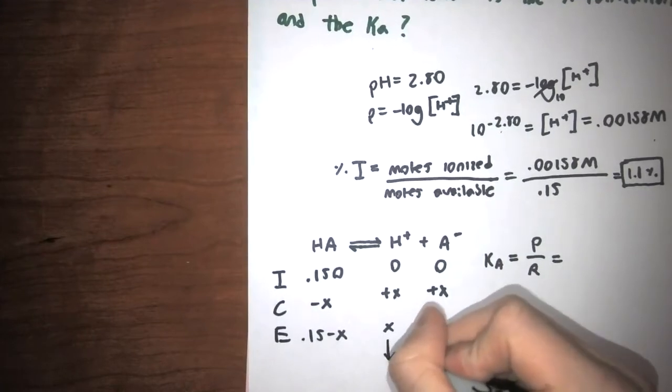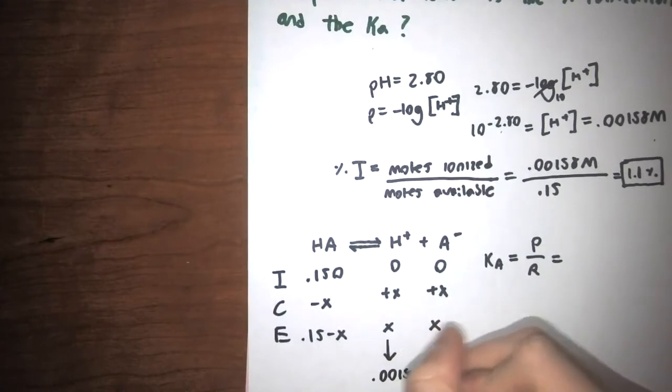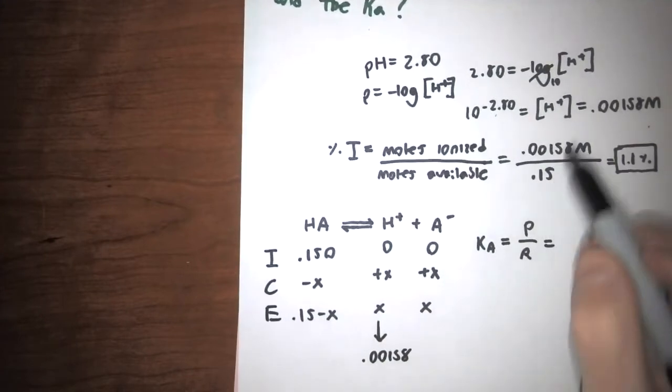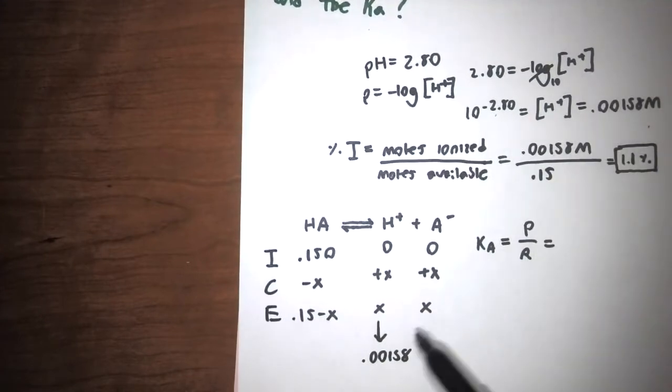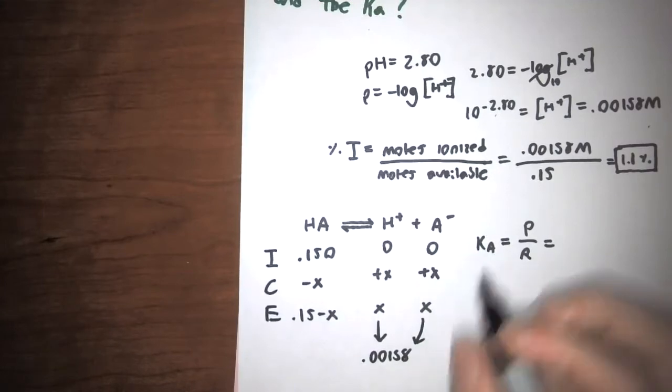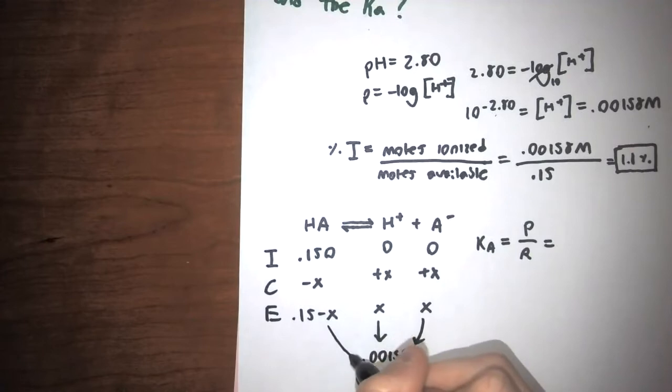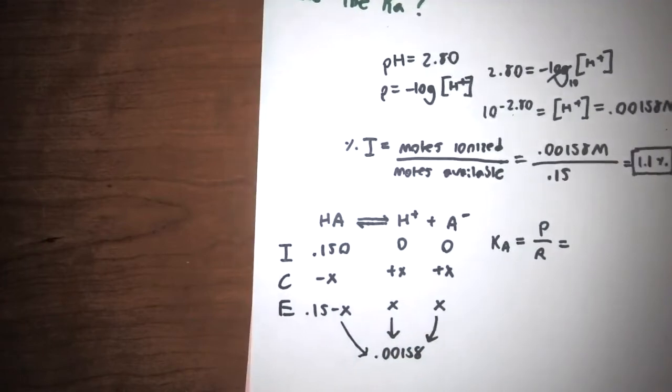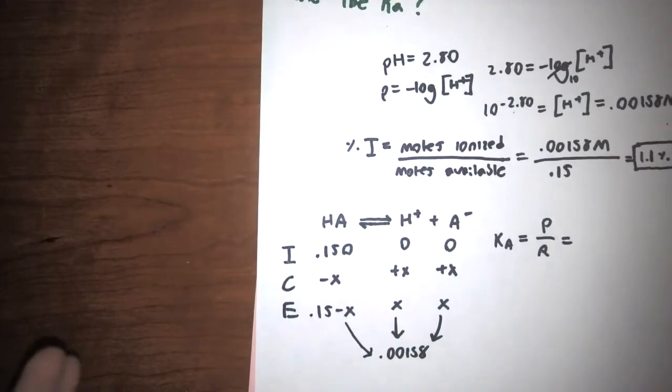So x is equal to 0.00158, right? I just got that from here. So if that x is 0.00158, this x has to be 0.00158, and this x has to be 0.00158, right? It's all the same x. It's just a placeholder for a number, and in this case, it's that number.